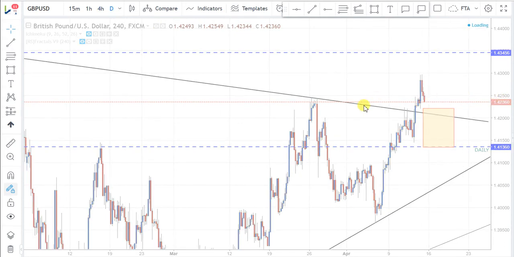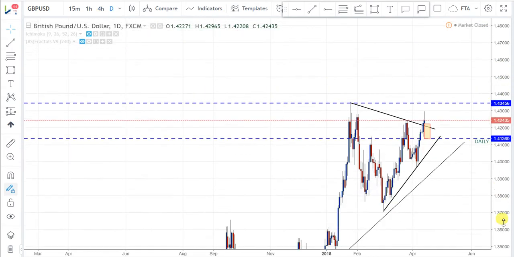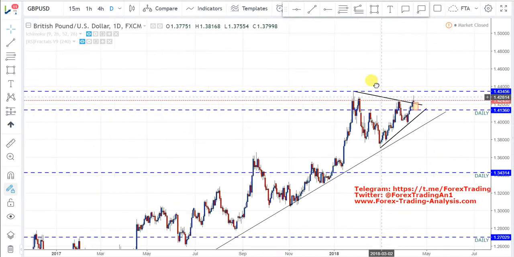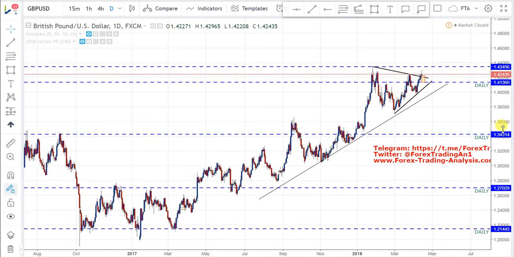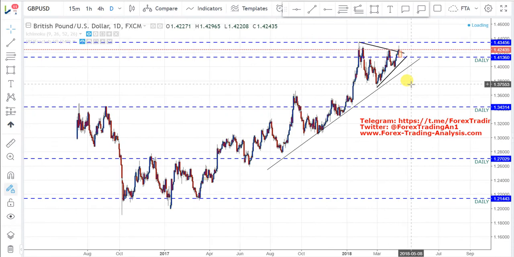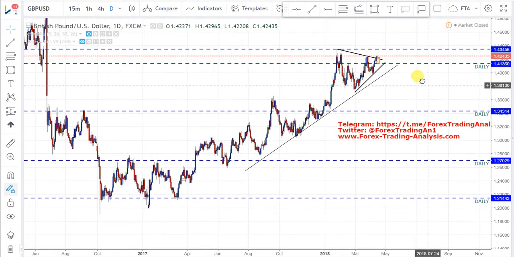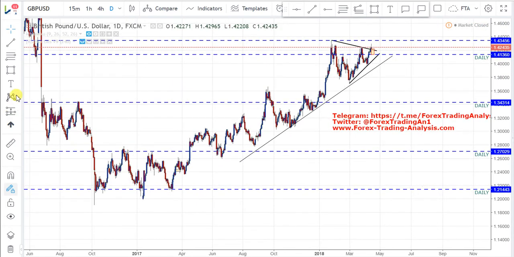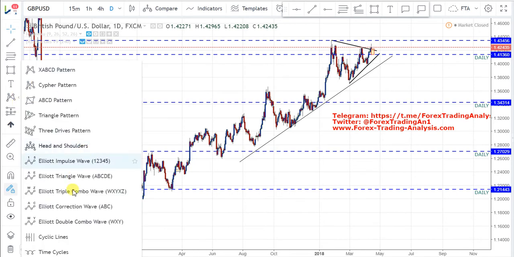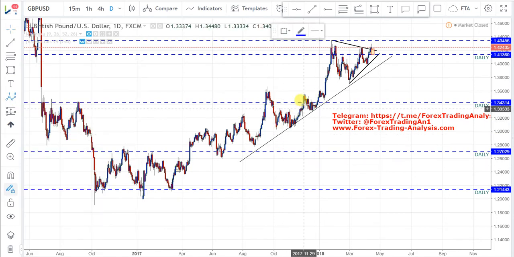We also like to look at it from an Elliott wave perspective. If you're not familiar with Elliott wave, we have some articles and videos on that. But looking at Elliott wave, we have a good bullish trend here.